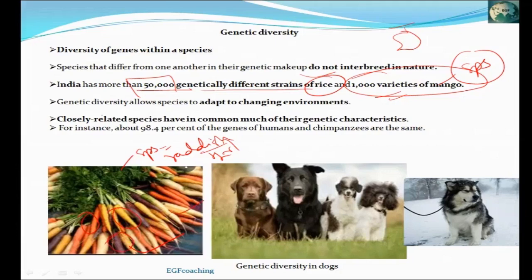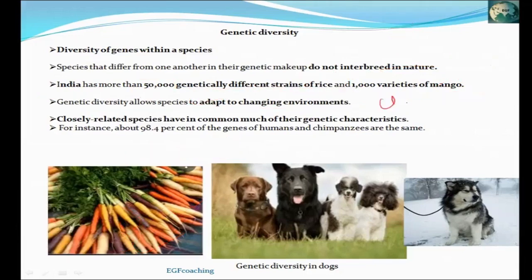Genetic diversity is important to adapt to changing environment. Now Earth's climate is changing and temperature is increasing. Sometimes Earth temperature starts declining as well and we go towards ice age. Under these changing climatic conditions, if any species has genetic variability, then it can survive.